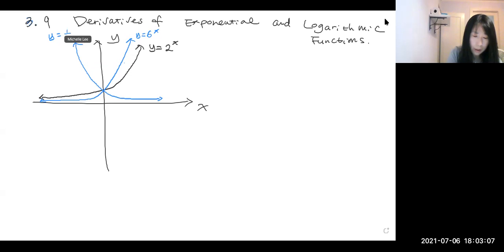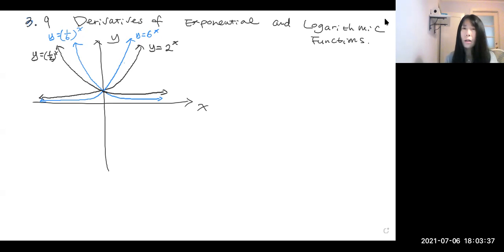So this will be y equals 1/6 to the x power. So this will be the fraction exponential form.